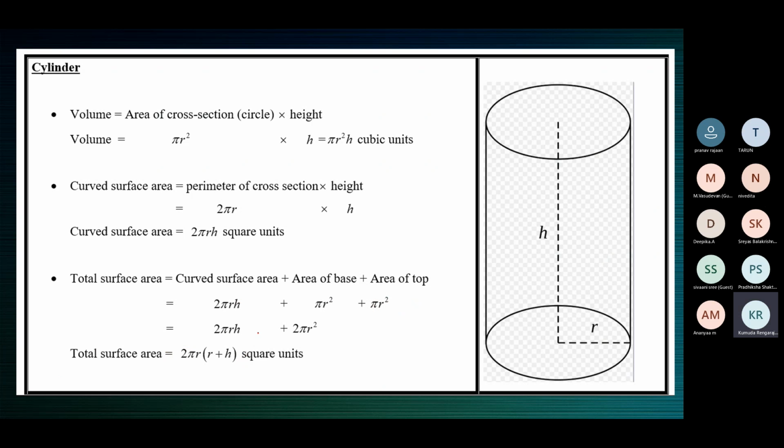So what we have discussed here, now supposing this is a cylinder which is open at both ends. We are now discussing a cylinder whose wall thickness is so negligible that the inner radius is equal to the outer radius.